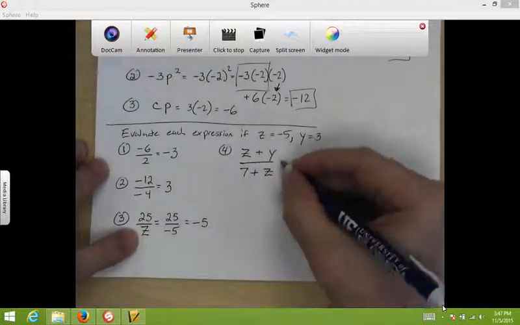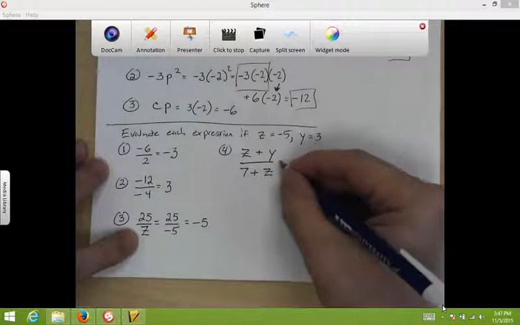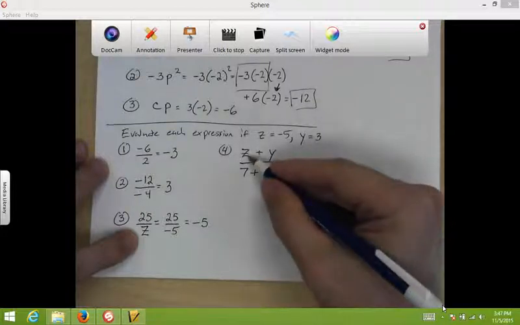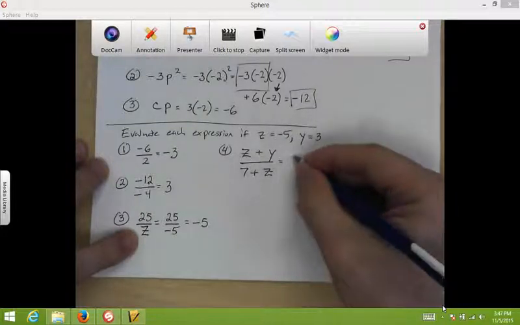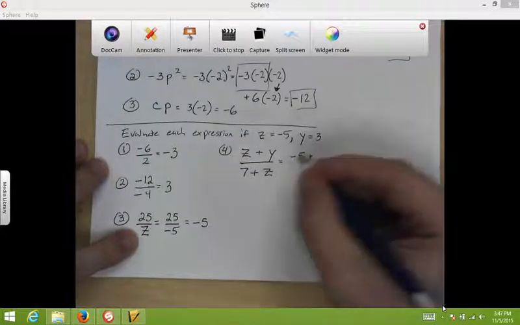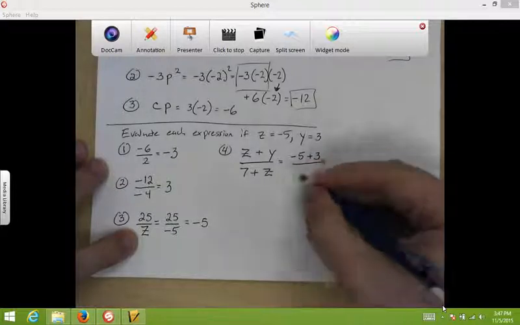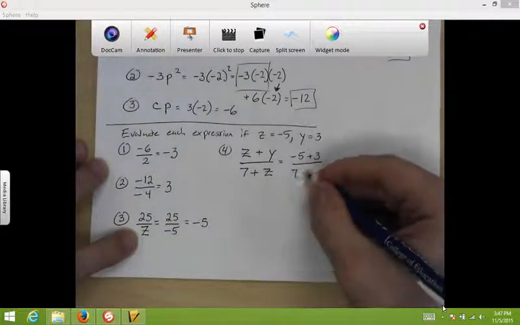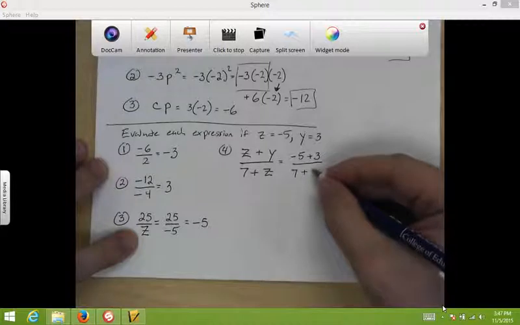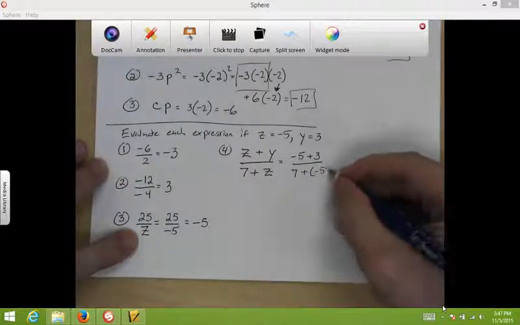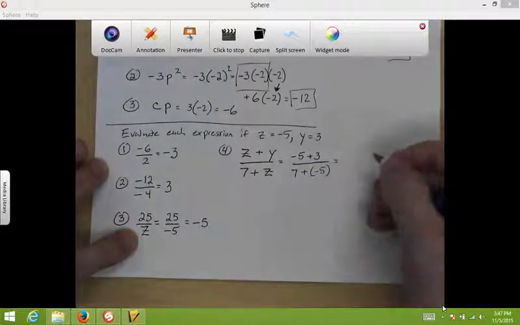Number 4, as challenging as it gets. So, I'm going to rewrite it. Z is equal to negative 5, so I got negative 5 plus, and y is equal to 3. That's on top. On bottom, I've got 7 plus, and z equals negative 5. So now, let's see what we got.